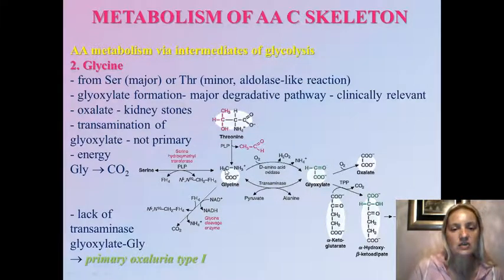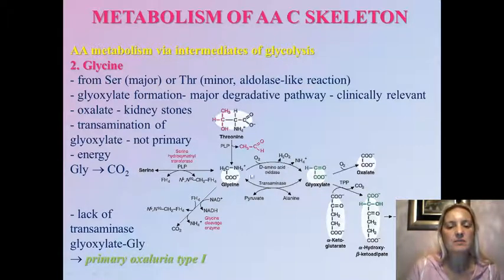So the major degradative pathway is actually oxidation and deamination of glycine to glyoxylate. The reaction is catalyzed by D-amino acid oxidase, so we need molecular oxygen for the reaction. Hydrogen peroxide is formed, ammonia is released, and we have the formation of glyoxylate.